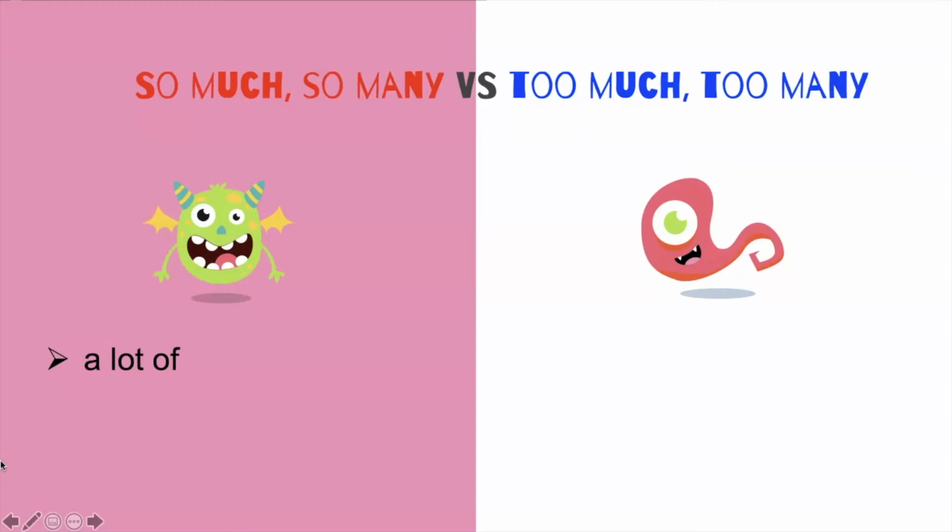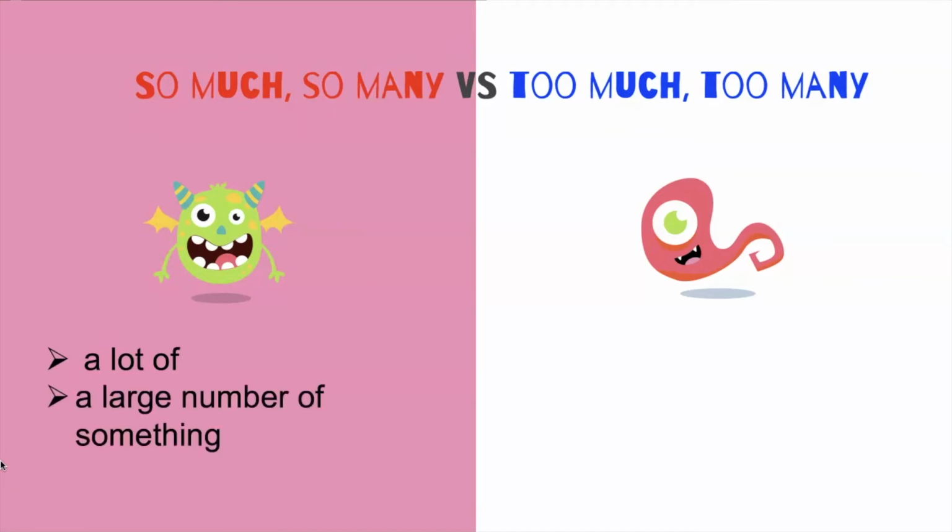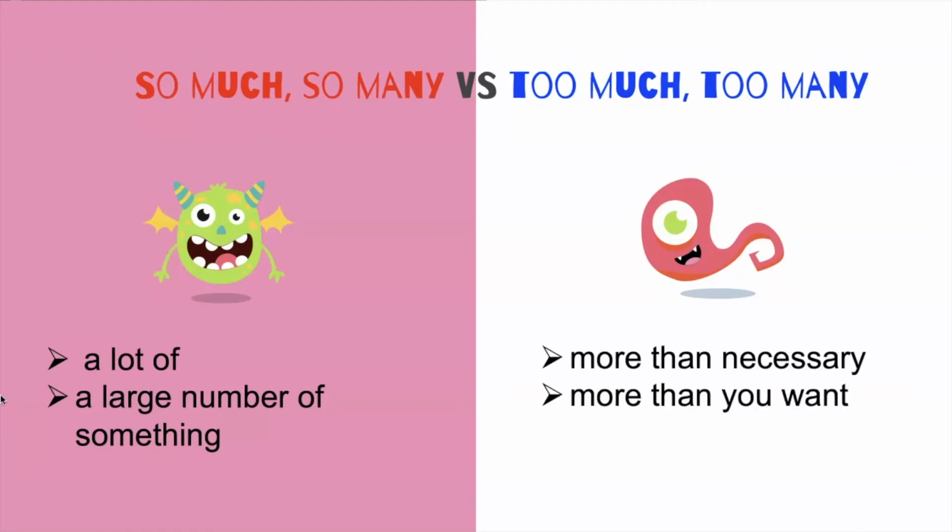It's an amount of something, a particular amount when it's not specified. So generally, it's used to just mean a large number of something or a lot. While too much and too many mean more than necessary, or more than you want and more than you need.